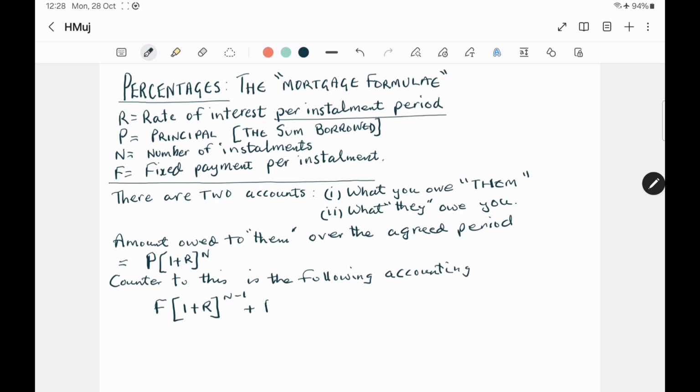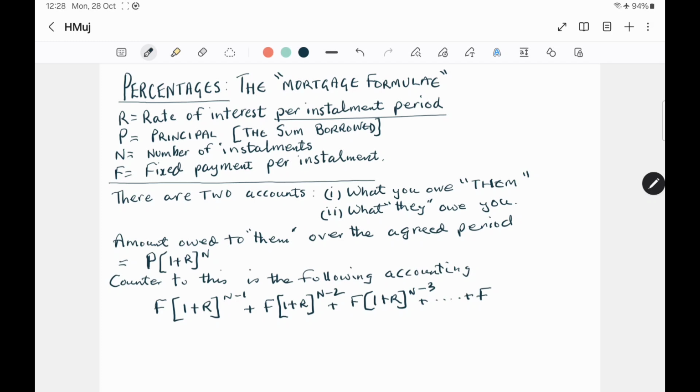Then at the end of the second period, again you pay them that same amount F, and this will run for (1 plus R) to the N minus 2, one less than that, and so on. F into (1 plus R) to the N minus 3, all the way down to the final payment of F.